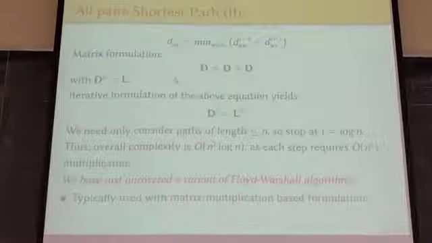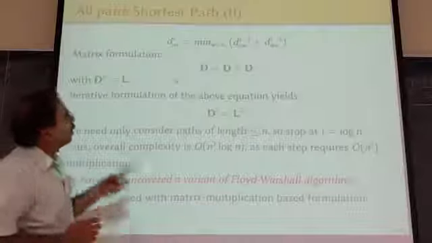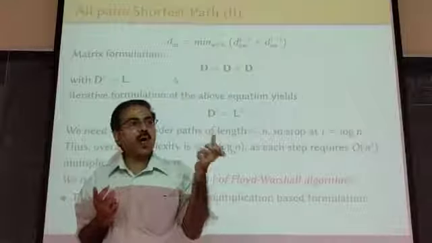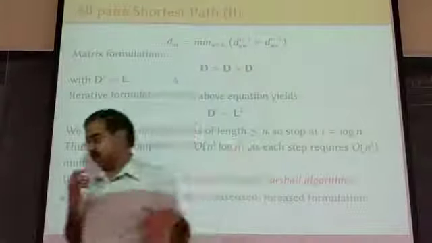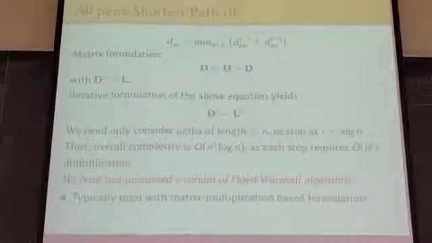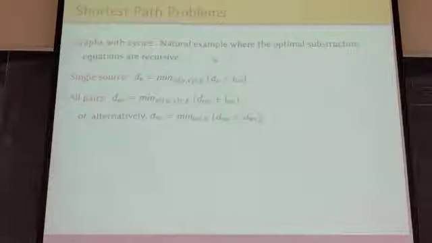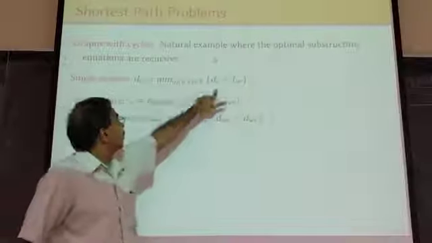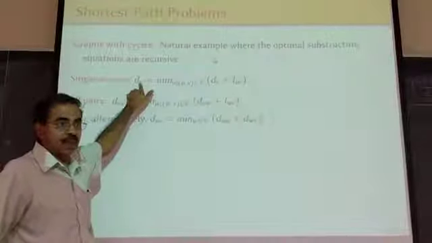Okay, so let's try a second formulation, where instead of letting the intermediate vertex be one edge from V, right? So far we were working with this equation. The single source shortest paths were all worked from this equation.